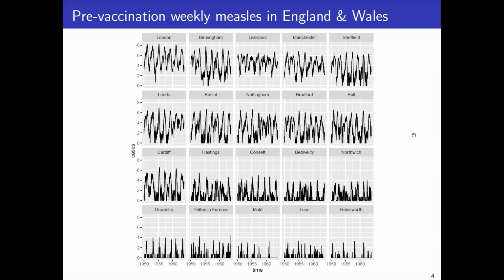You see in smaller towns the dynamics are more messy. You have local fade outs and so on, and we've all got very used to looking at this kind of data during the COVID pandemic. Measles is just an easier situation to get started on than COVID.